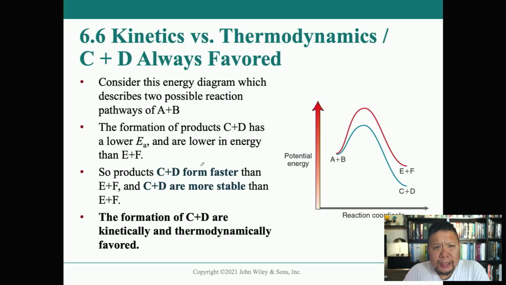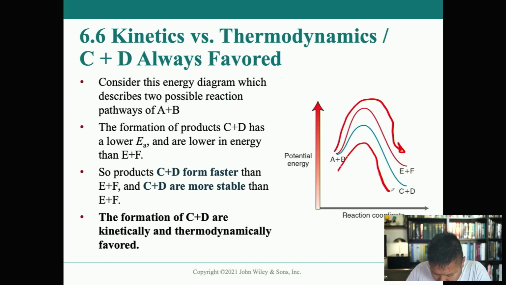Consider the diagram, which describes two possible reaction pathways for A plus B. A plus B could either go up here to become E and F, or it can go down here to become C and D. The formation of the product C plus D has a lower activation energy, the blue line, and its products are lower in energy than E plus F. So C plus D forms faster because it has a lower activation energy, and C and D are also more stable than E and F because their final potential energy is lower.